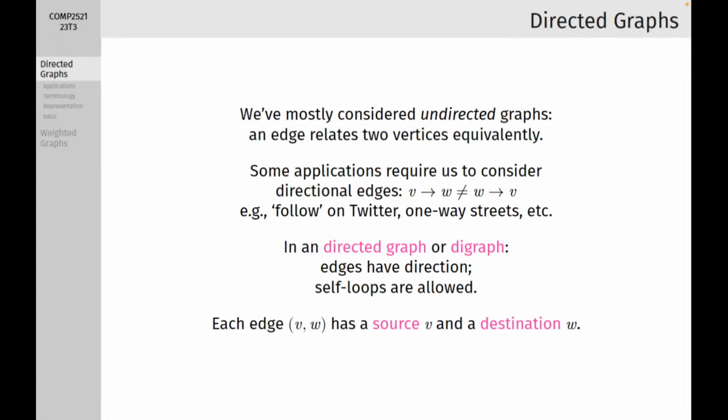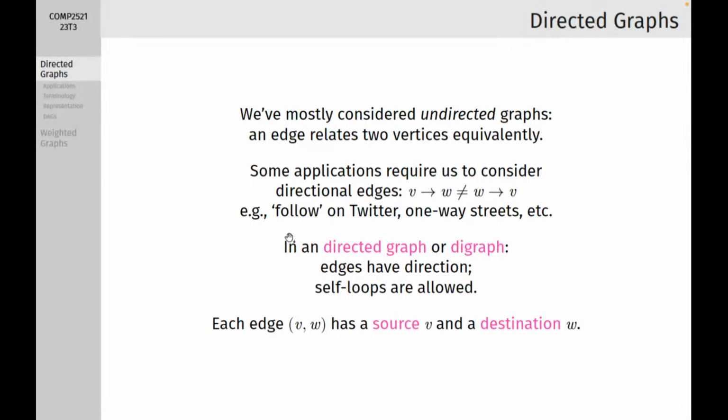If A follows B, that doesn't mean that B follows A. It's a one-directional thing. Another example is one-way streets. In the real world you have one-way roads, and those would be represented by a directed edge.